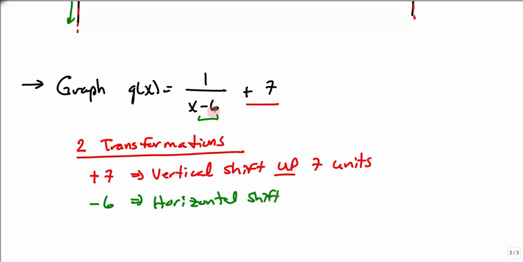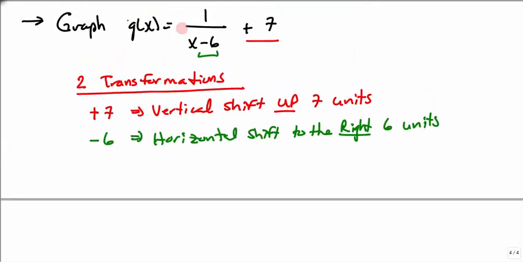Now, this says minus 6, so you think it's to the left. Because it's within the argument, you do the opposite. So a horizontal shift to the right, not left, but to the right 6 units. So I'm going to be taking my parent graph. My parent graph would be 1 over x.